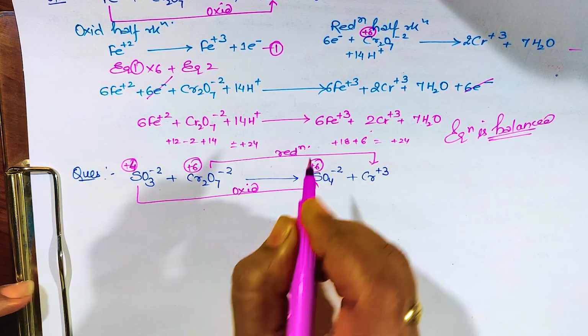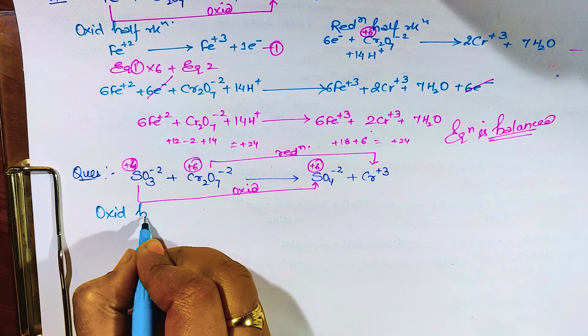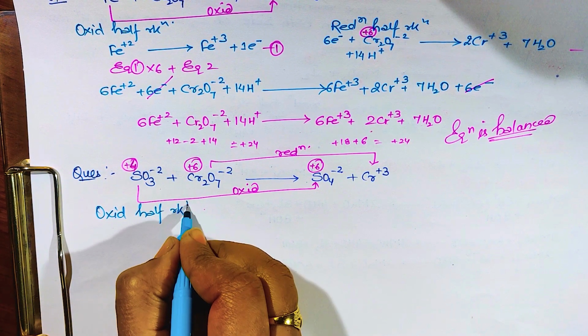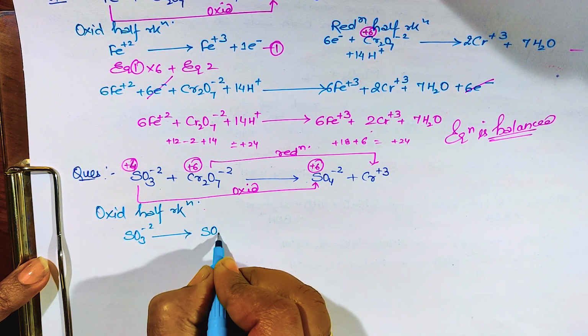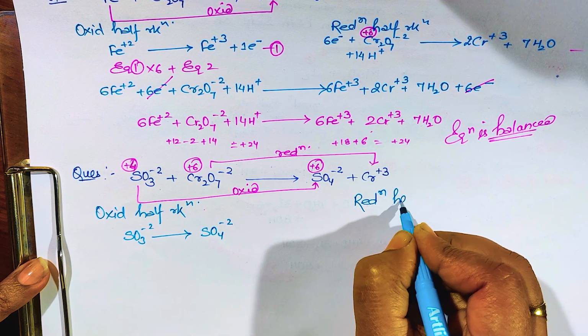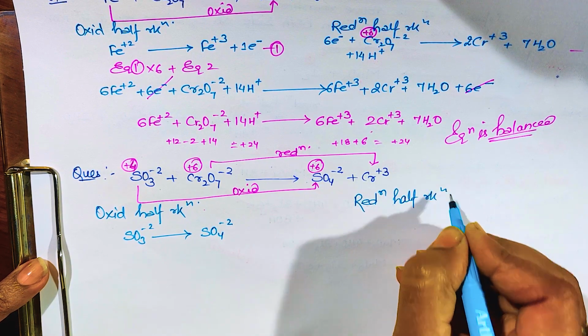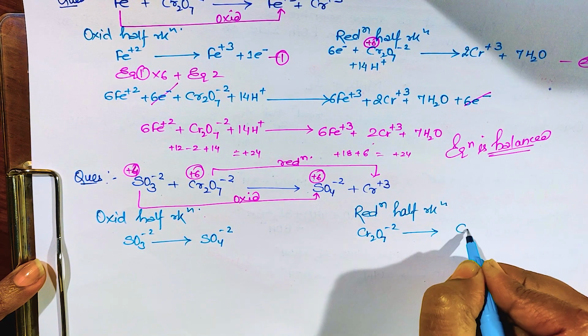Yes. So write the half reactions. Oxidation half reaction: SO3 minus 2 will give you SO4 minus 2. And the reduction half reaction: Cr2O7 minus 2 changes into Cr plus 3.